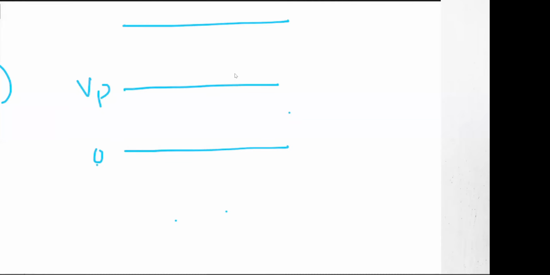So this means the output varies between VP and 2 VP, and then from VP to 0, and then from 0 it goes back up.